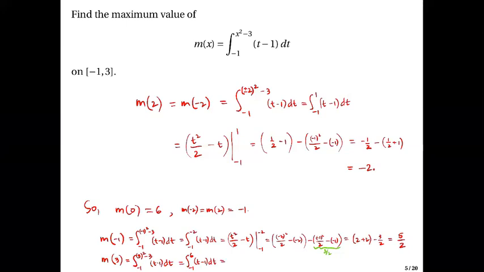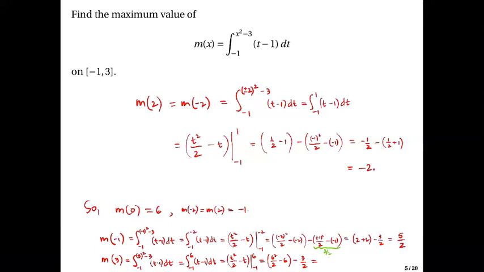Same as before, we have t squared over 2 minus t, evaluated from negative 1 up to 6. At 6, we get 6 squared over 2 minus 6. And at negative 1, again, that's just 3/2. So let's write 3/2.